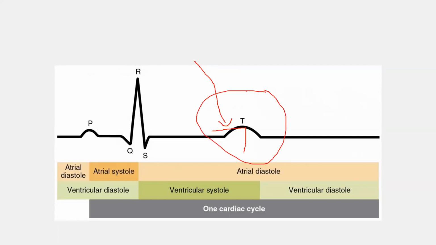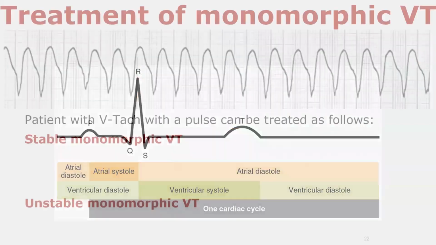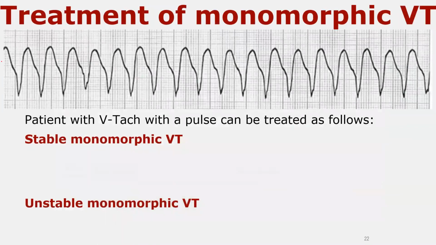Thus, in synchronized cardioversion, the electrical current is going to be delivered right at the downstroke of the R wave. You're synchronizing it to the R wave so that the electrical current will be delivered right over here. So if you have a patient with this particular form of tachycardia, the machine is going to detect these points and deliver the electricity right over here.